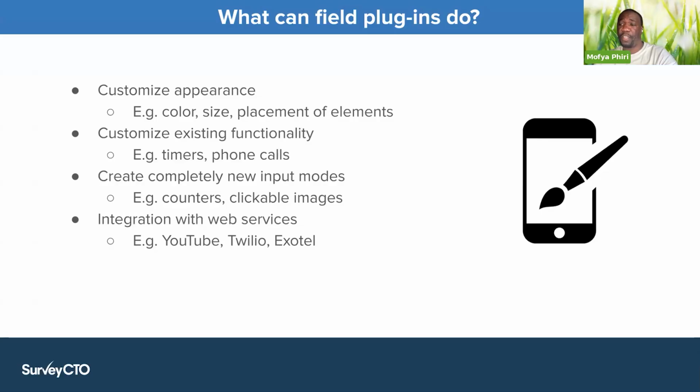So the general principle here would be, if you have anything that you have wished you could see on a SurveyCTO field and allow it to do certain things, generally that could be an opportunity for a field plugin. It will be something that you can investigate to see whether you can build a field plugin out of.